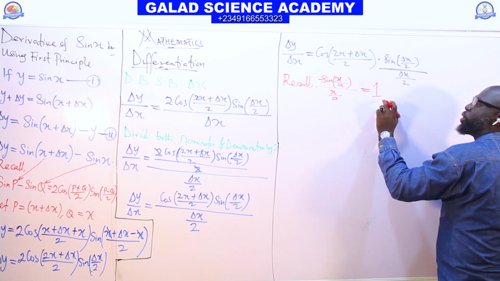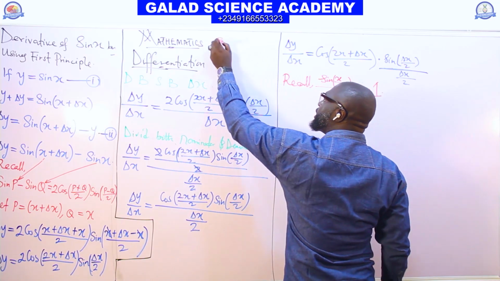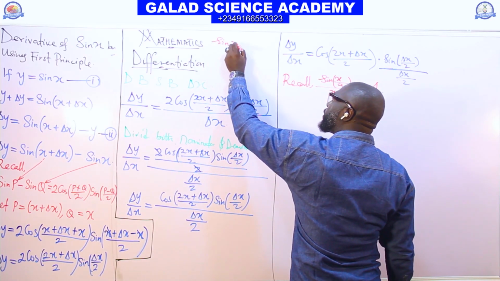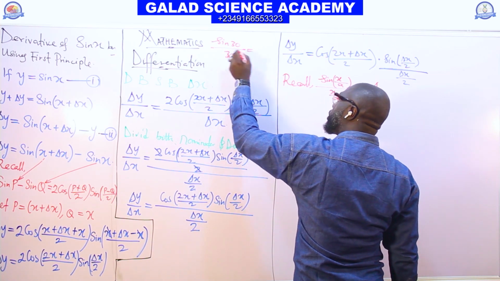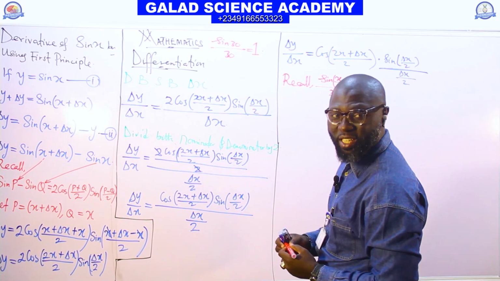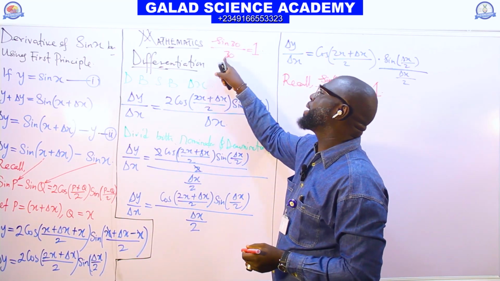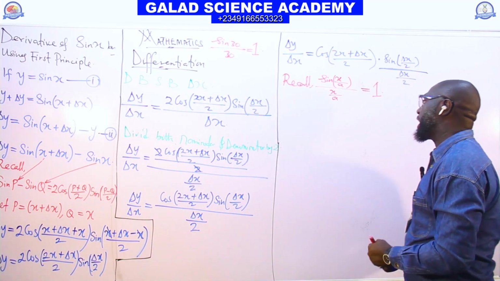You can have it in this form: sine angle of 30 over 30 is a rule to give you 1. Sine angle of the number divided by that number is 1 from the trig identity.